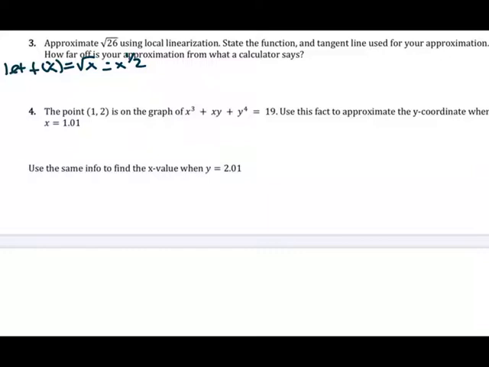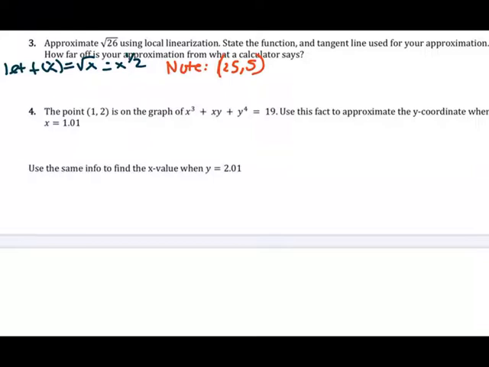What I said is that we know that the square root of 25 is going to be close to the value we're looking for. So I'm going to note that we have the point where x is 25 and y is 5. That is a point that we know exists in this function, f of x equals the square root of x. And that's going to help us approximate the square root of 26 instead of the square root of 25.